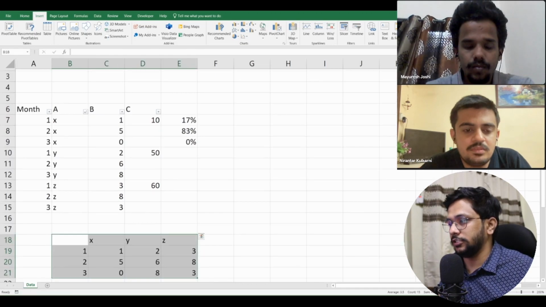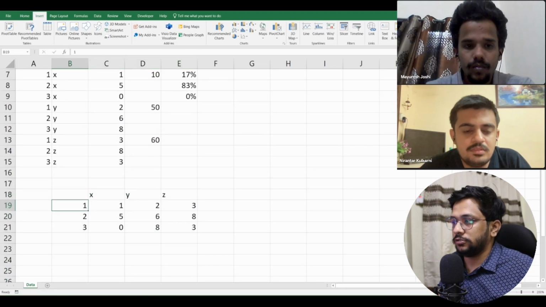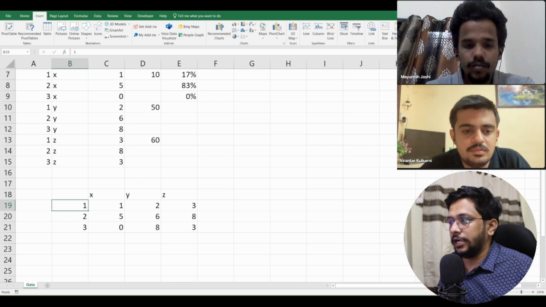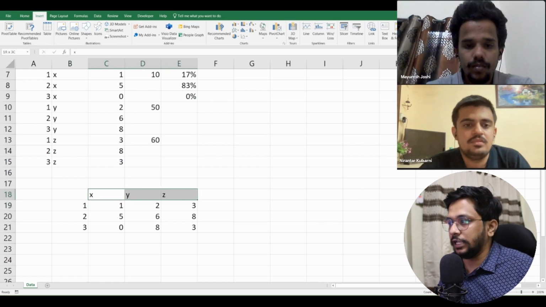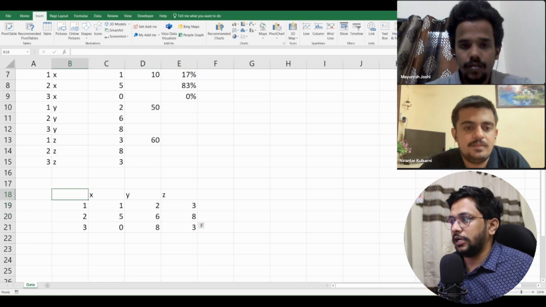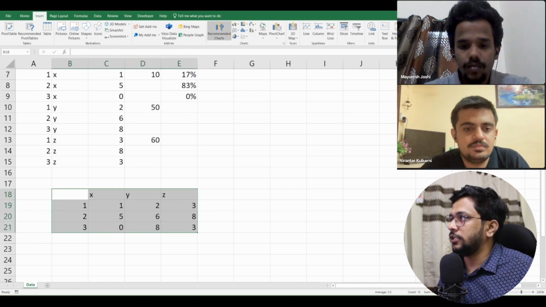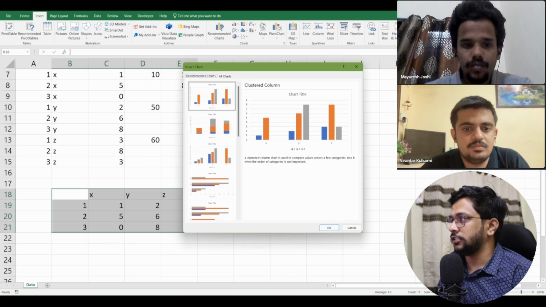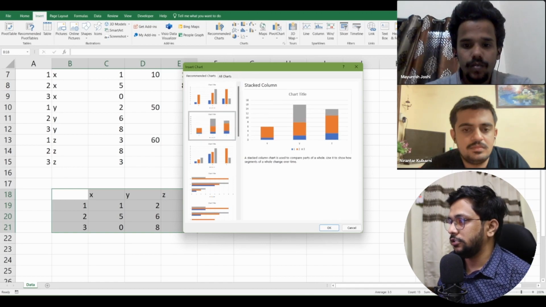It is something like this. So first a row for a month, and every category value will come into a column, and if we just select this much data and click on recommended charts, it will give us the recommended chart.